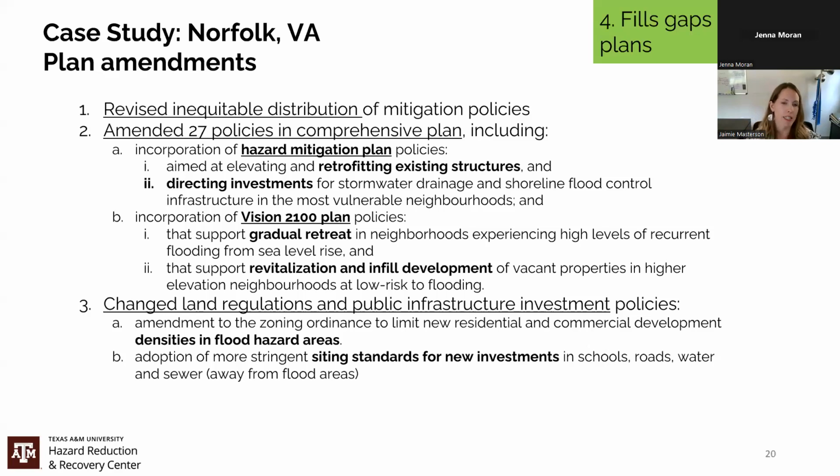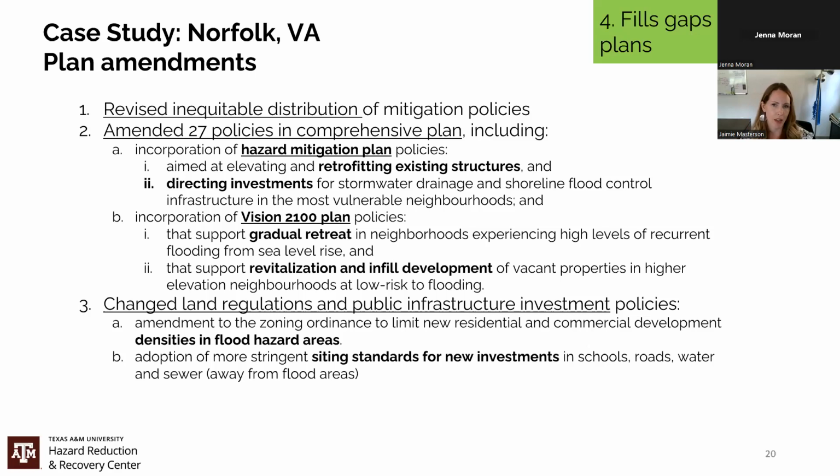Additionally, they had this Vision 2100 plan that I mentioned before, because they've been looking at what their community would be like in 2100 because of sea level rise. And so they incorporated those policies into their comprehensive plan.